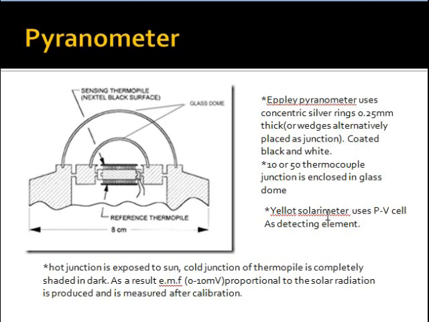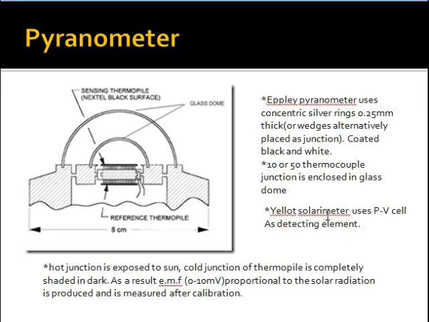When sunlight falls on the silicon junction, free electrons are produced when a photon falls on the PV cell, and the resulting EMF is measured as the radiation intensity falling on the solarimeter.